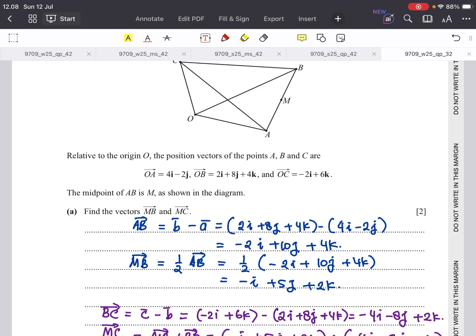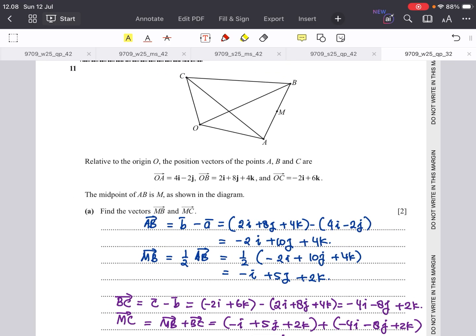Now for MC, we need to find vector BC first. Vector BC can be found using formula, position vector C minus position vector B. Position vector C is OC, and then position vector B is OB, this one.